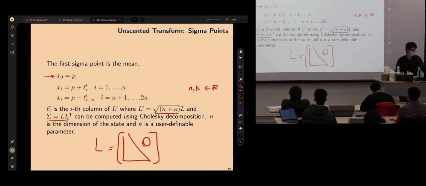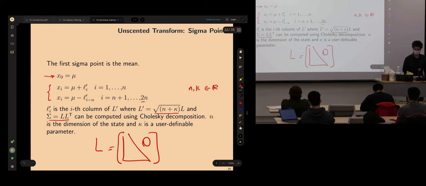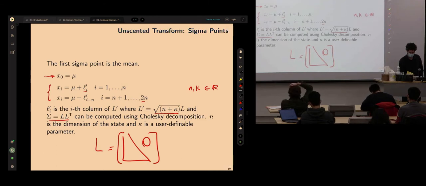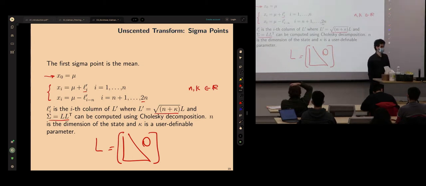Mean sounds like an important point to consider. Then we generate 2n samples like this. Around the mean, we generate a bunch of vectors. Then we add and subtract them to the mean.